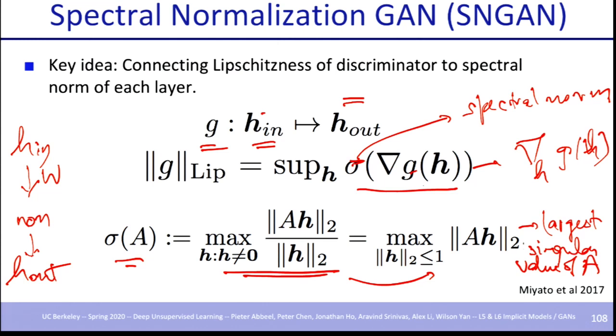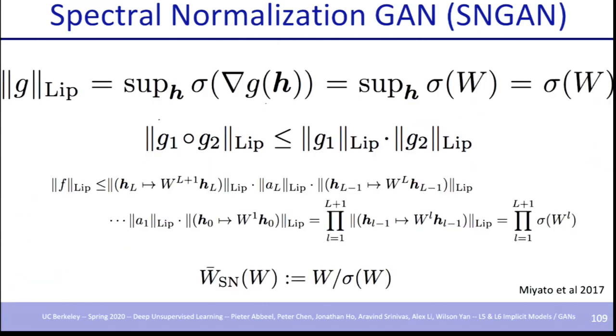You can read up on why that is the case. So given a particular linear layer with a ReLU nonlinearity, if you take an input h and multiply by W, the gradient with respect to h is just the weight matrix, right? So this particular term is basically just going to be the largest singular value of your weight matrix.